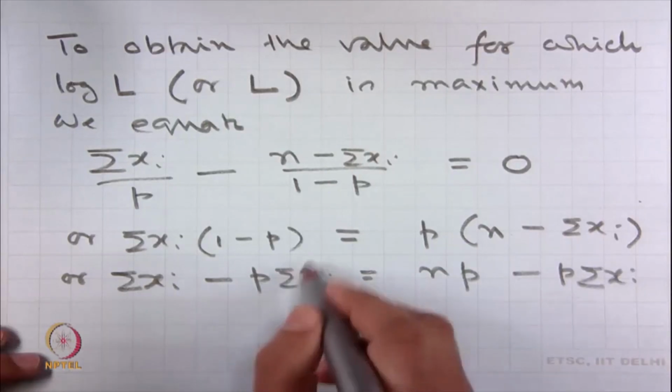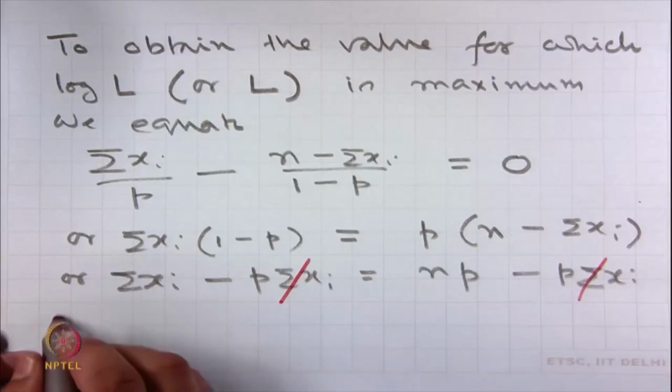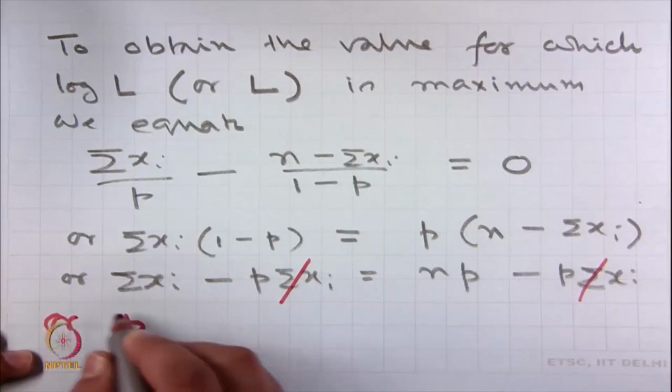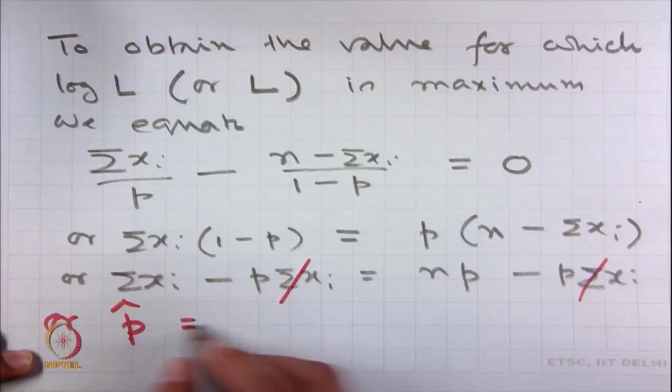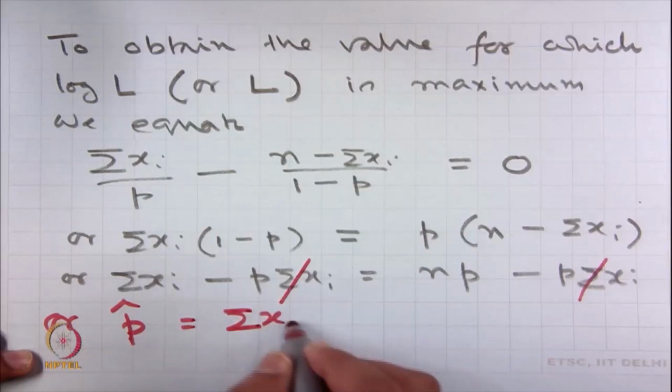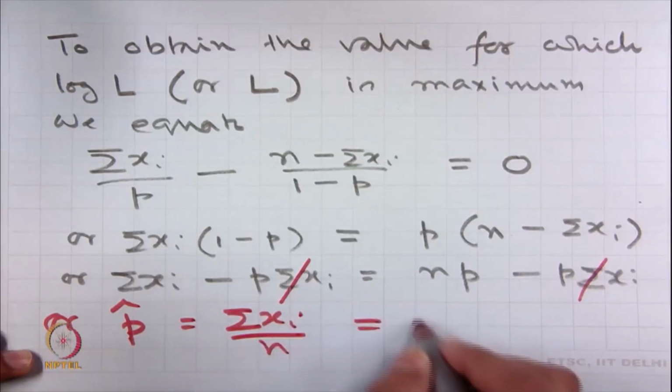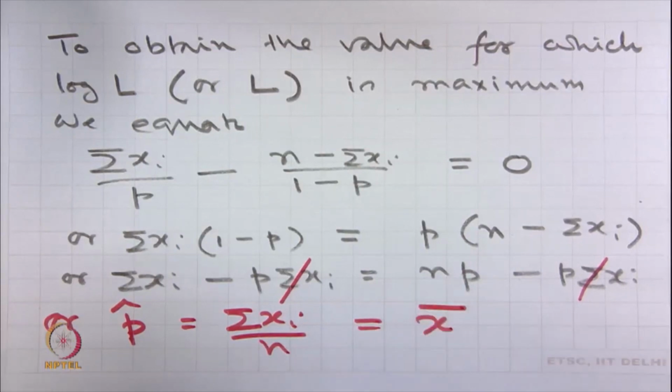So, this cancels, or p hat is equal to sigma xi upon n is equal to sample mean.